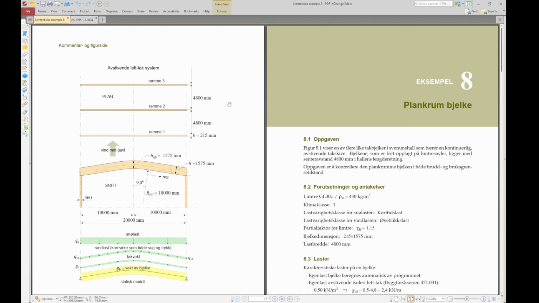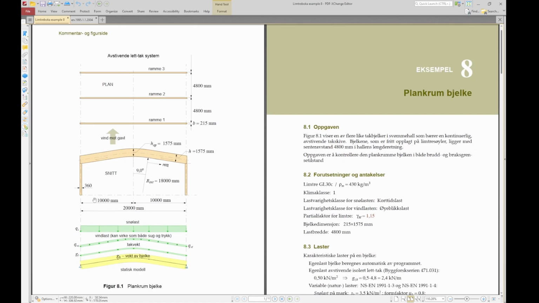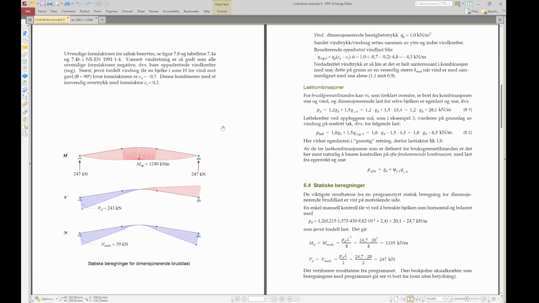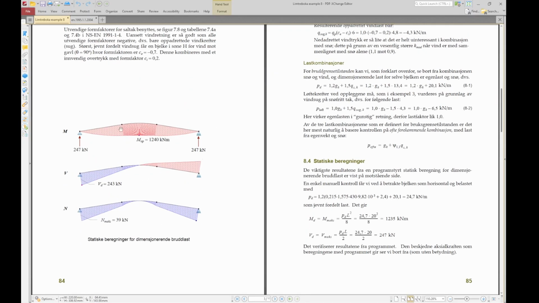As I said, the Limtrebok has a little bit strange layout where the calculation is on the right hand side and the example and the graphics on the left hand side. So again, 20 meter span, 2 by 10 meters, and the 1240 kilonewton meters are in the middle with 247 kilonewton.